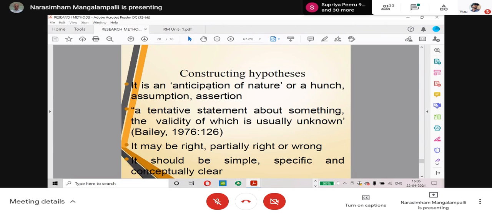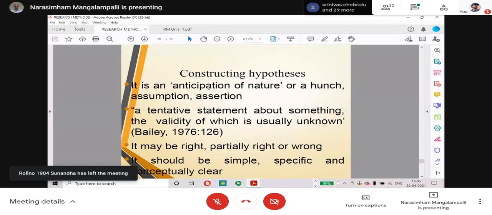It is an anticipation of nature or a hunch, assumption, or an assertion. A tentative statement about something, the validity of which is usually unknown. You do not know whether the relationship between the parameters which you have considered is appropriate or inappropriate, whether they are really dependent or not dependent.